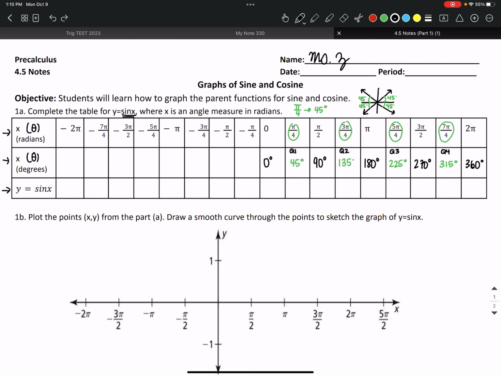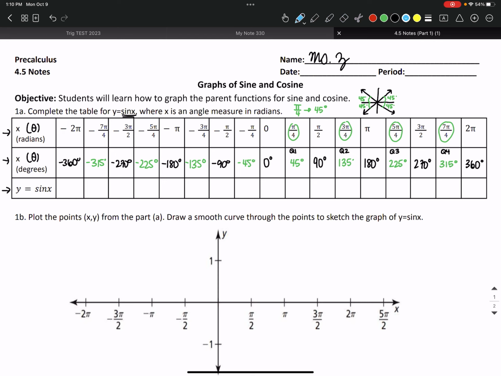But for right now, all I'm going to do is write these values that I have for positive degrees, and I'm going to write them negative. So I have negative 45 degrees here, negative 135, negative 225, and negative 315. And then I have negative 90, negative 180, negative 270, and negative 360. And then I'm going to go from there.